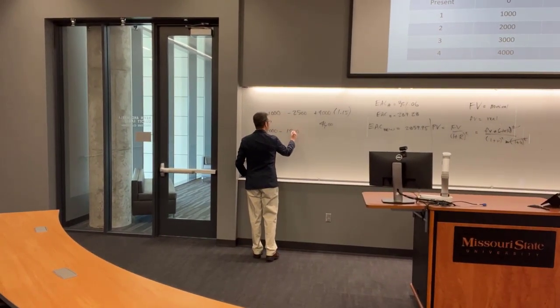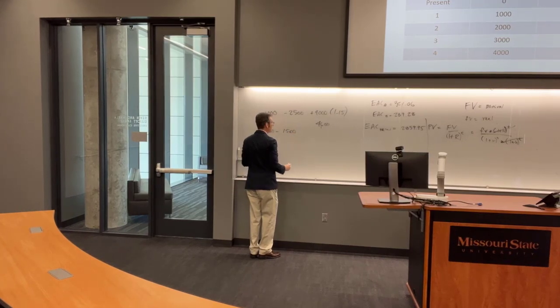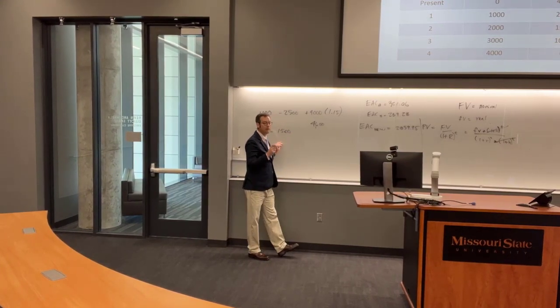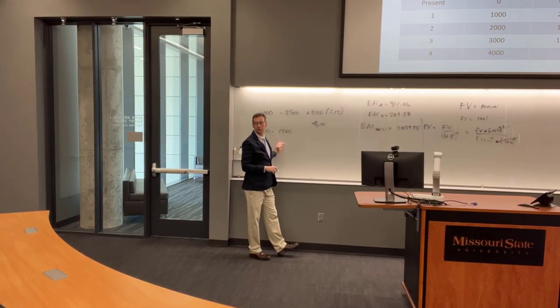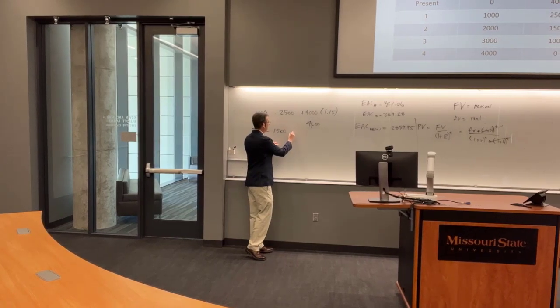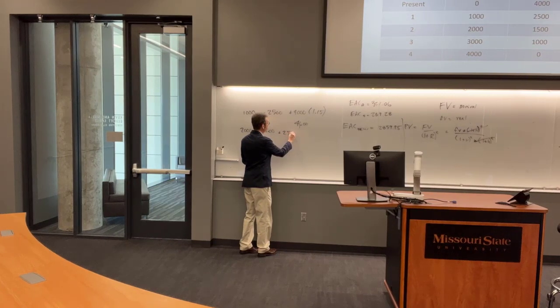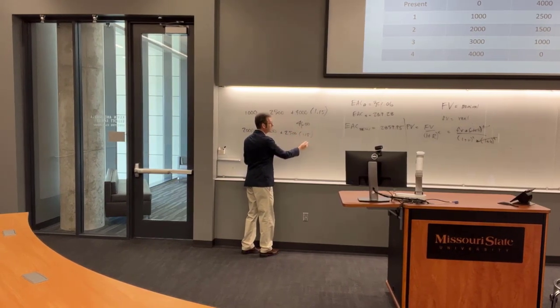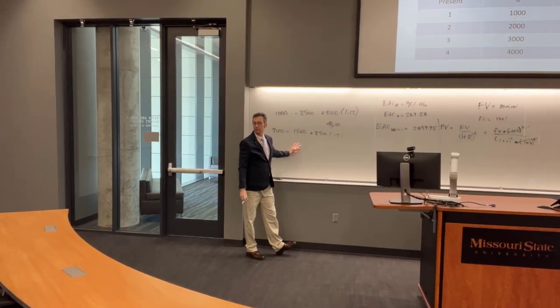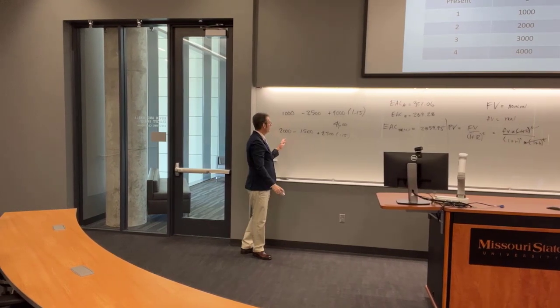And what did we have to give up in order to hold it from time one to time two? Actually we had to give up 2,500 times 1.15. Does that make sense? Okay.